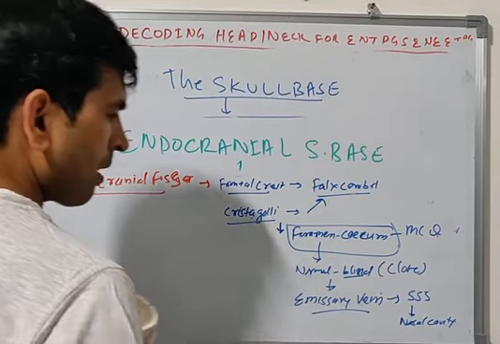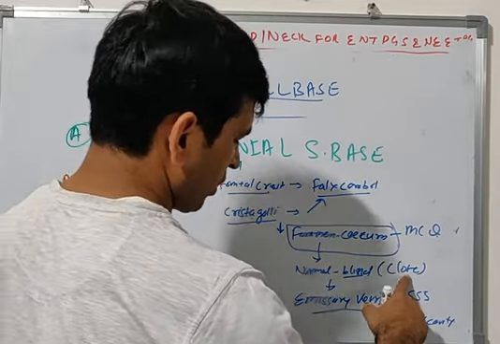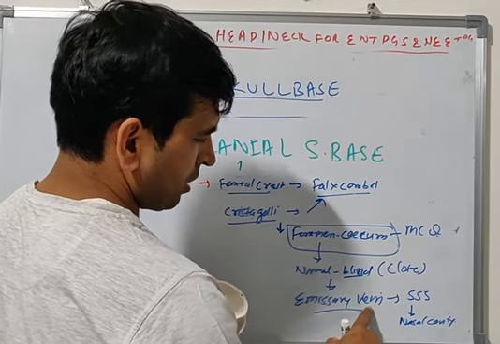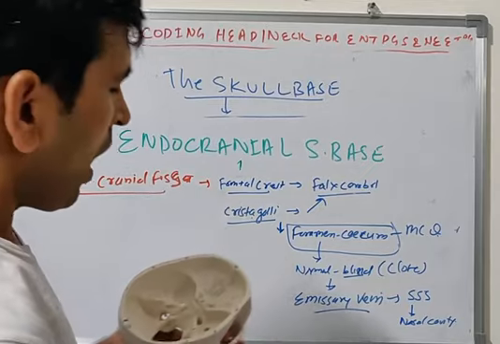Mostly it's a blind sac and the foramen is closed, but sometimes an emissary vein may pass that connects the nasal cavity to the superior sagittal sinus.